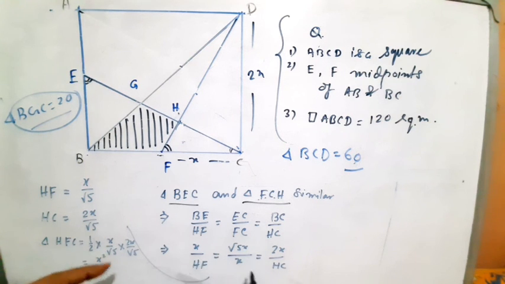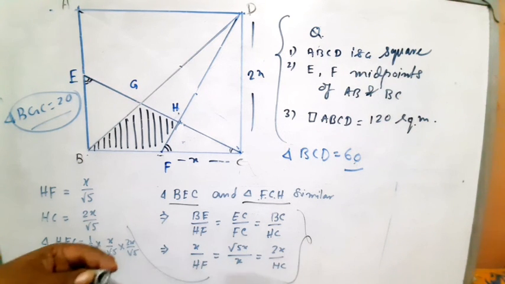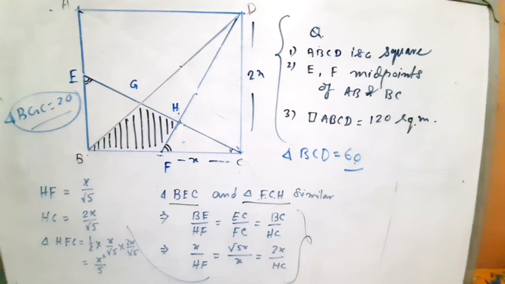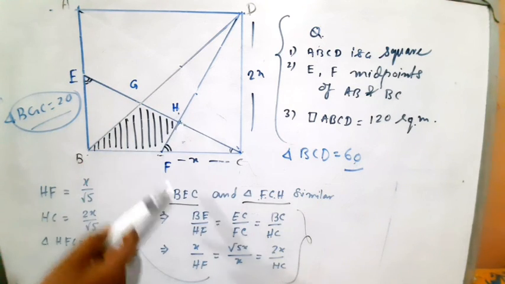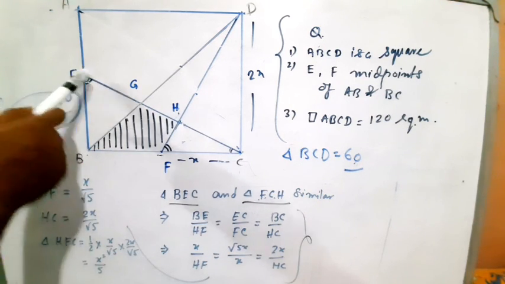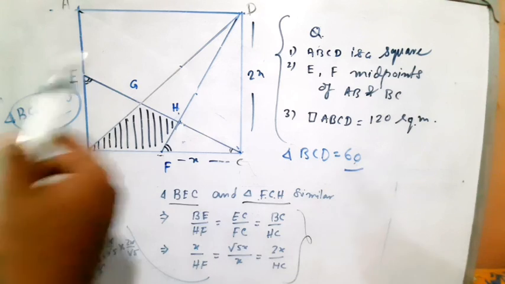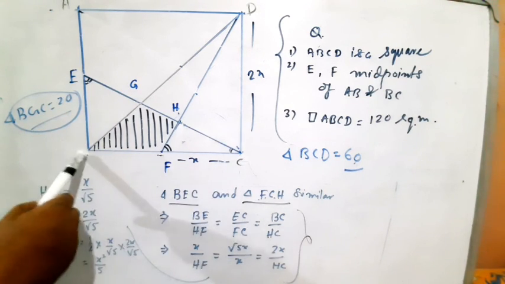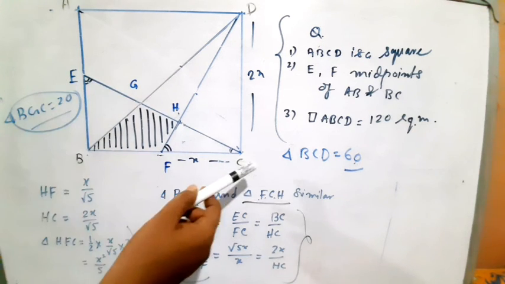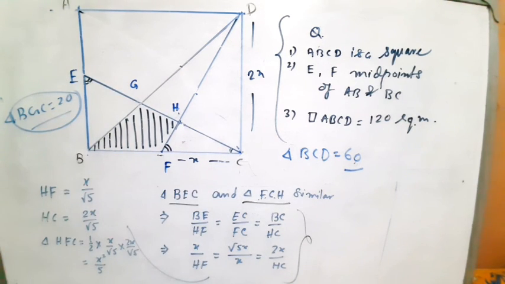As per the theory of similarity, we can say the corresponding sides are proportional. Clear? So BE divided by HF equals EC divided by FC, and BC divided by HC. This is the property of similarity.